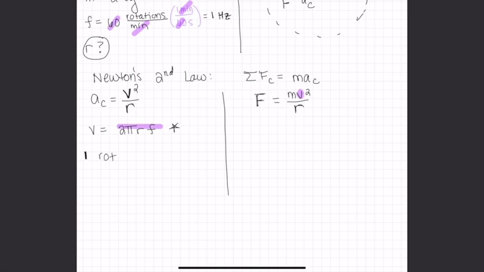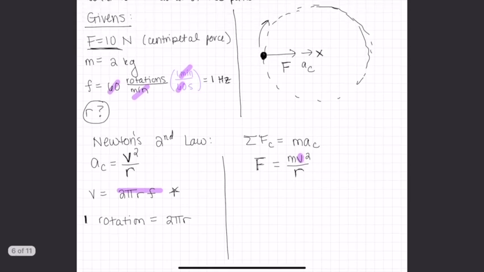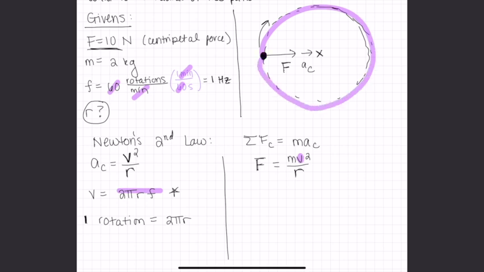This will get a little funky with the variables, but 1 rotation going around this circle in terms of length would be equal to the circumference of that circle. I can scroll up so you see that. So basically, if I were to go around this circle once, that would be 1 rotation, but that would also correspond to traveling the length of the circumference of that circle.